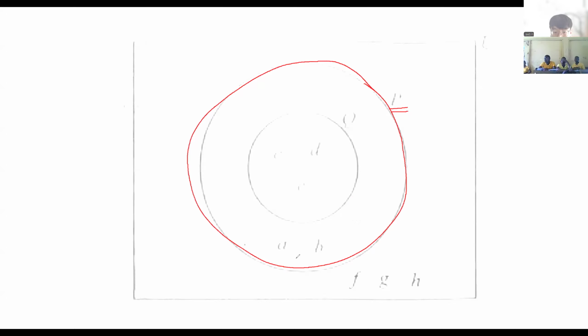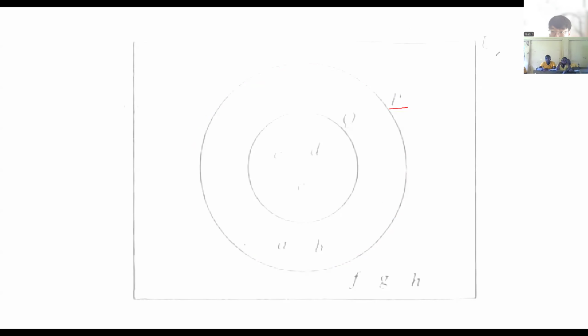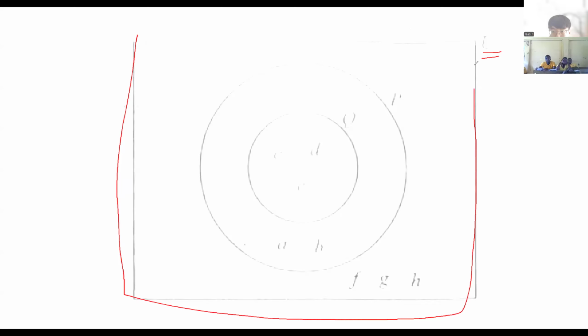Yeah, so it'll be A, B, C, D, E, right? All of these are inside the set P. This is the set P. What about the set U, for example? Set U, this whole rectangle. What are the members of set U?